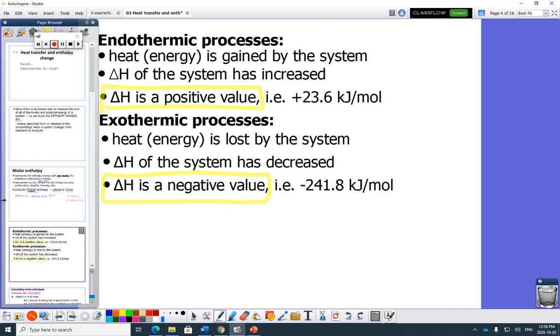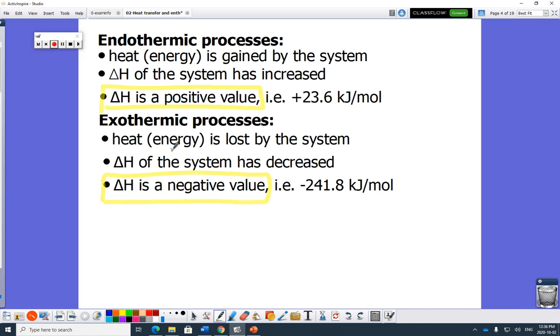However, in a practical way, most of the questions you're going to do will be exothermic because that makes more sense. A chemical reaction, if it requires energy, generally speaking, would be more difficult to do. So you'll see more of the questions are usually negative, giving you a negative value instead of a positive value.